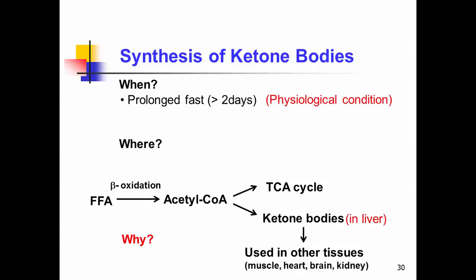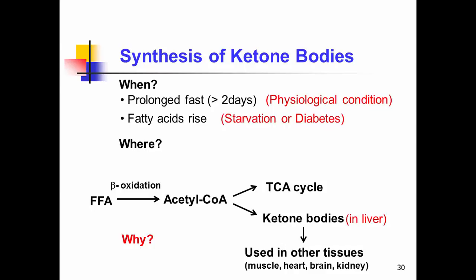So this is under the physiological condition, right? Fasting. But ketogenesis can also occur under pathological conditions when we have very high levels of fatty acids in the circulation. For example, very, very long starvation, right?